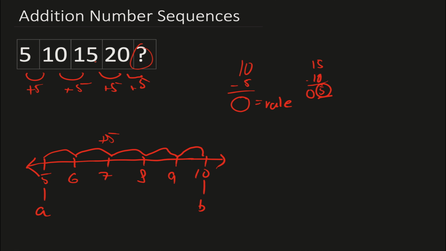Now we have to figure out how we get from there to there. That means we have to do 20 plus 5. 20 plus 5 is 25. So it looks like our question mark here equals 25.